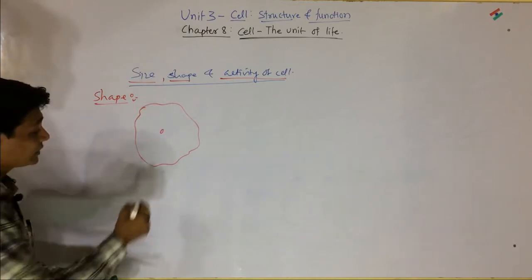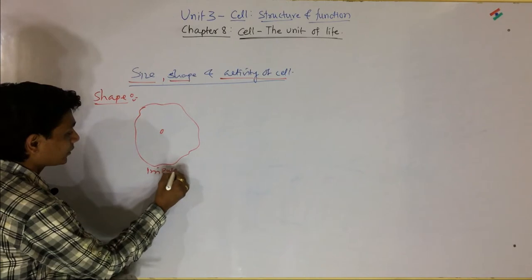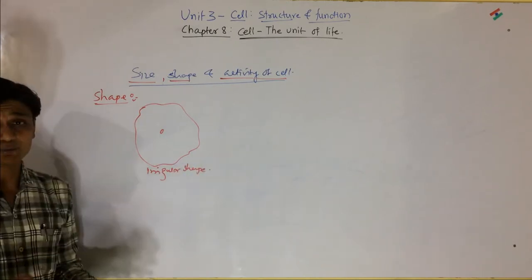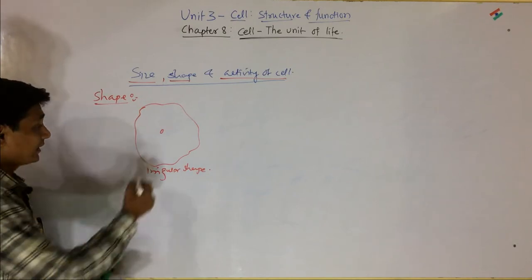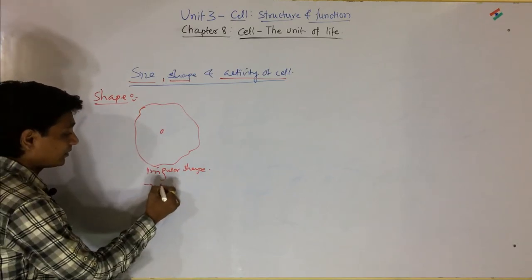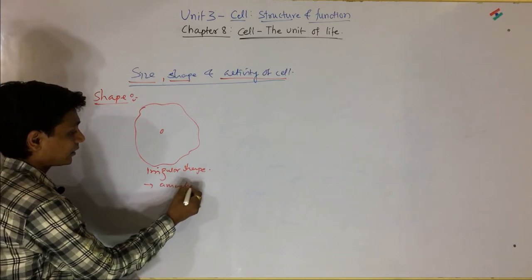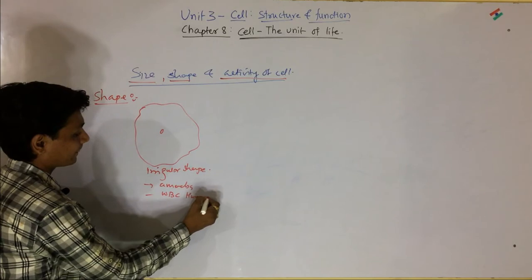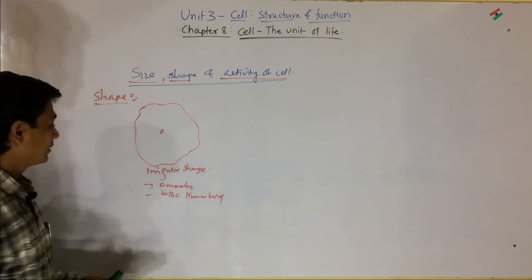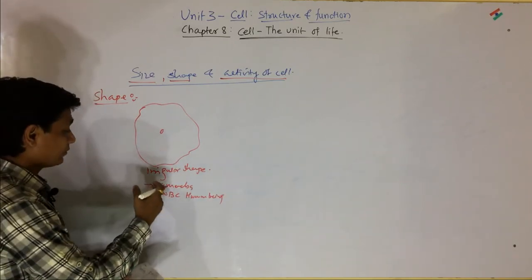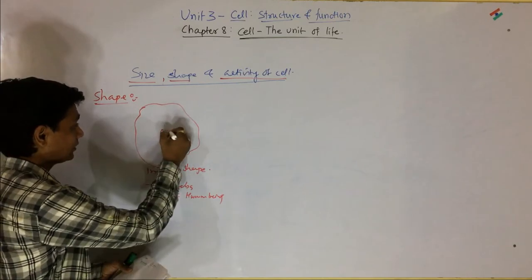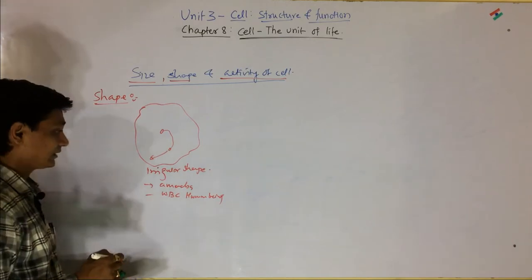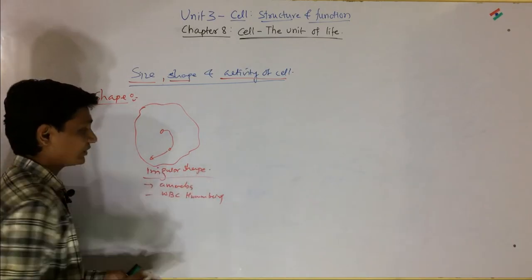This is an irregular shape, also known as amoeboid cell, and it is present in amoeba and the WBC cells of human beings. The difference is that in WBC the nucleus is multinucleated, and the cell is irregular in shape.